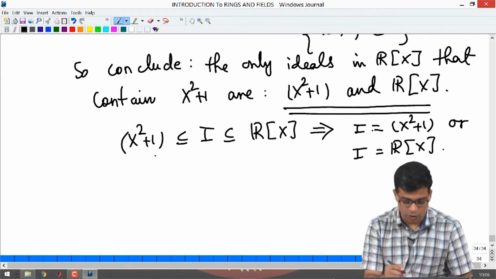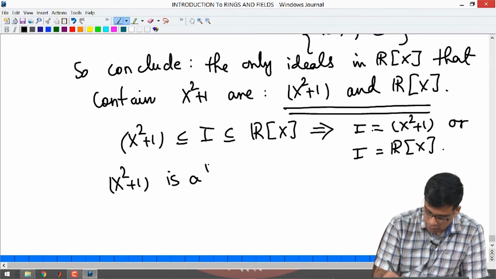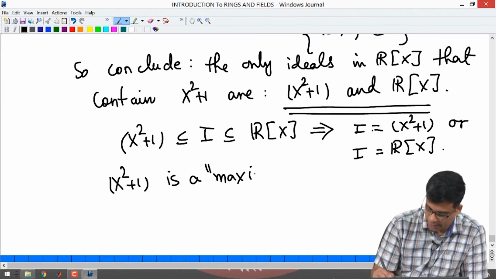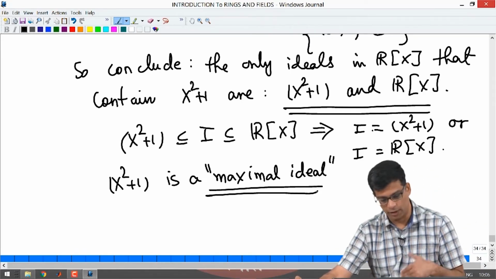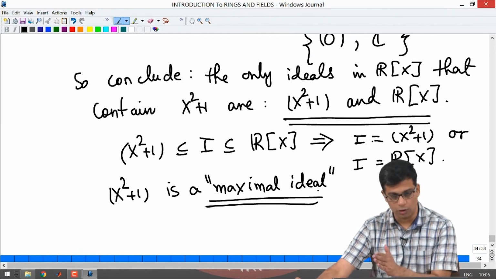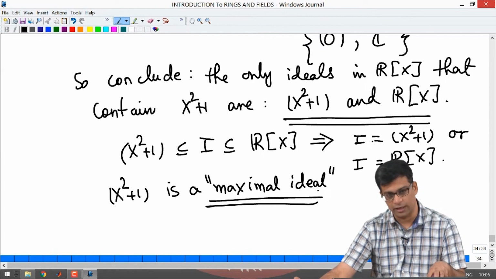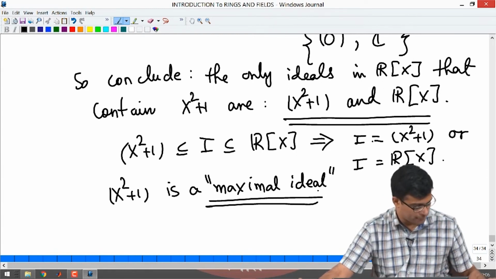So, such ideals are called maximal ideals. So, (x squared plus 1) is a maximal ideal. I will define this formally later, but this is just to give you a preview. Maximal ideals are ideals which have this property, that there are no ideals that contain that ideal other than that ideal itself and the full ring.